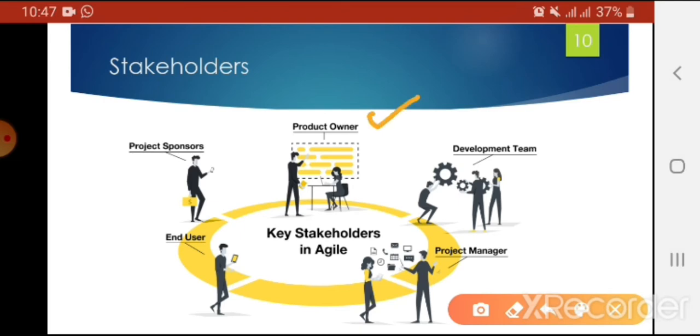Project or product owner is also a stakeholder, development team is also a stakeholder, then project manager, end user, project sponsors. All of these are collectively known as the stakeholders, or in short, anyone who is directly or indirectly involved with that system or that software is known as the stakeholder. Here you can see a word agile. Agile is a software methodology or it is a technique to implement SDLC.